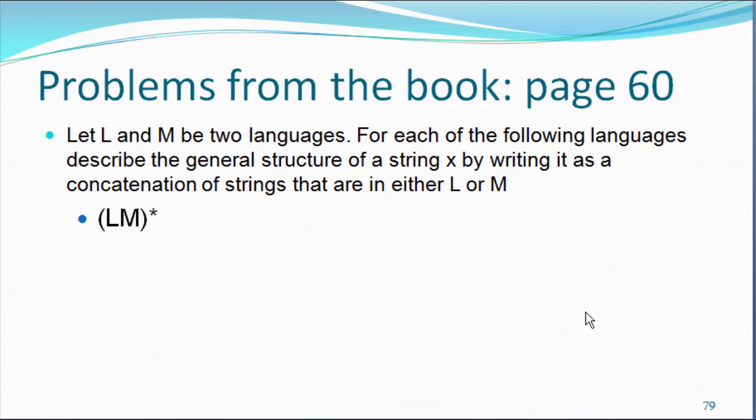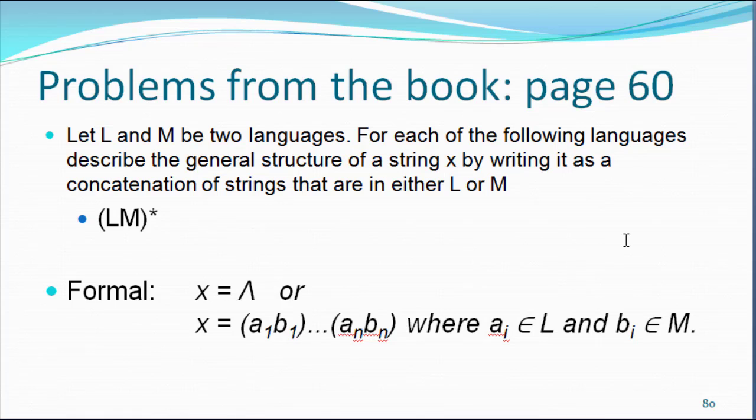The formal definition is much more precise, which is what we're looking for from a formal definition. Either X is lambda or X is a bunch of pairs of strings concatenated together where each pair consists of something from L and something from M.